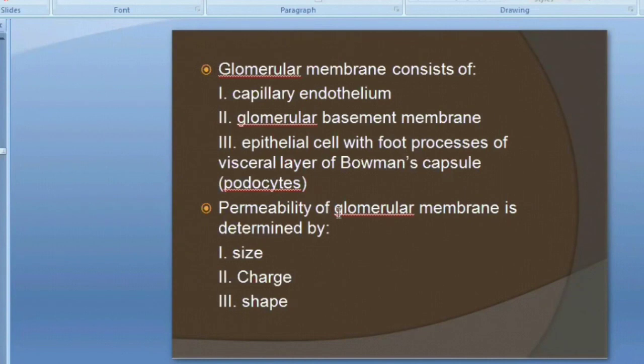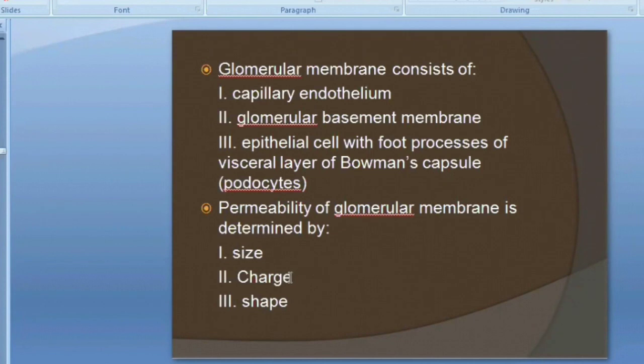podocytes. Permeability of the glomerular membrane is determined by size, charge, and shape. Size: if the size is large, it cannot pass through the glomerular membrane. Low molecular weight substances can pass through. Molecular weight less than that of albumin can pass through the glomerular capillaries. Then again comes the question of charge. The healthy glomerular capillaries are negatively charged.